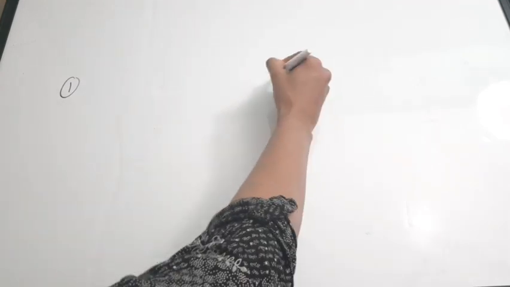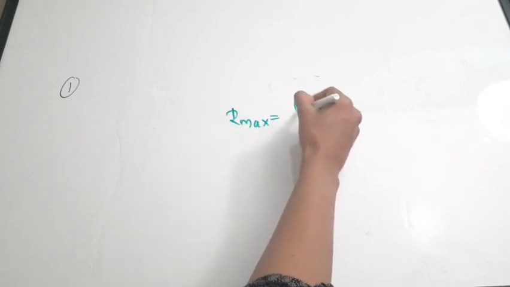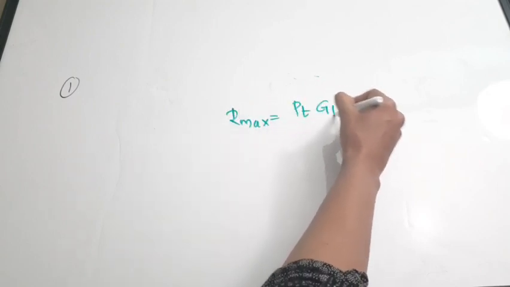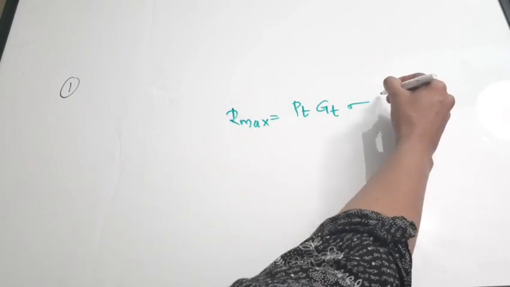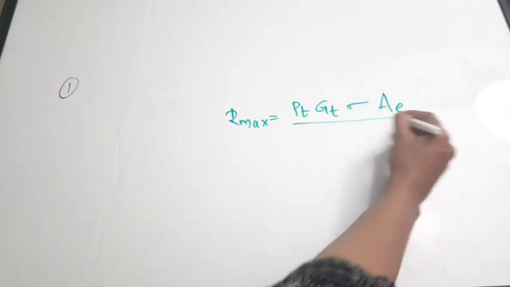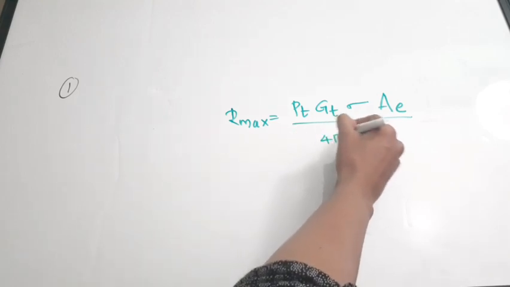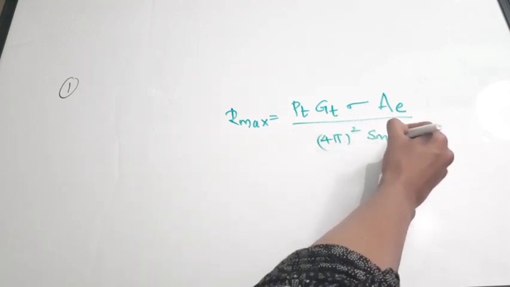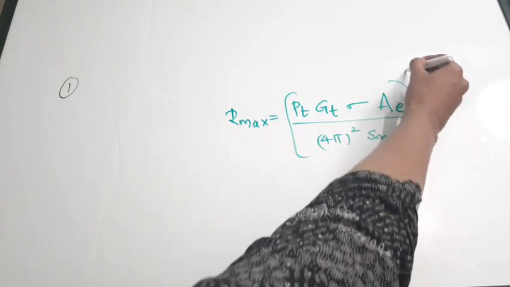The range of radar, or you can call it R max, equals PT, the transmitted power, into gain into sigma, the radar cross section of the target, into aperture, divided by 4 pi square S minimum detectable power, the whole raised to 1 by 4.